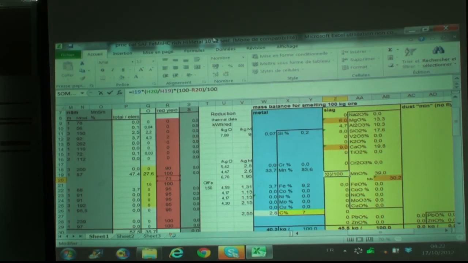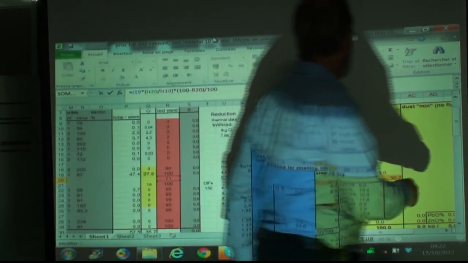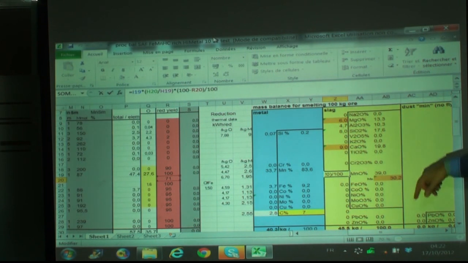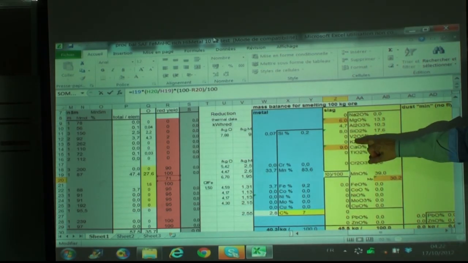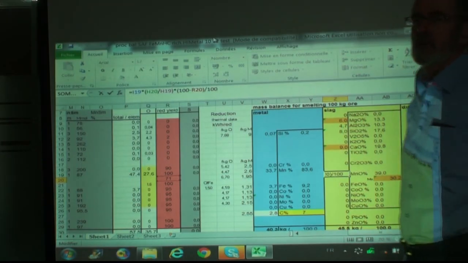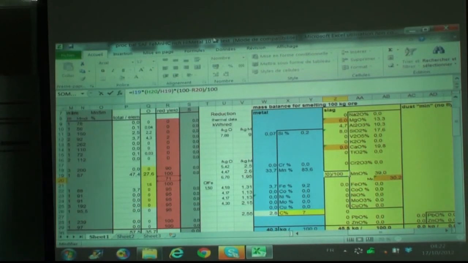If you have a noticeable amount of sulfur, then you're better to add another column in the slag with CaS. It is one solution, or you edit here. That's also a solution, so it is better.